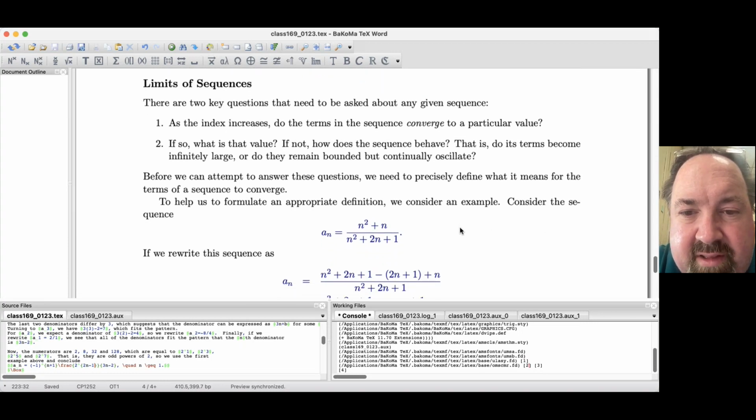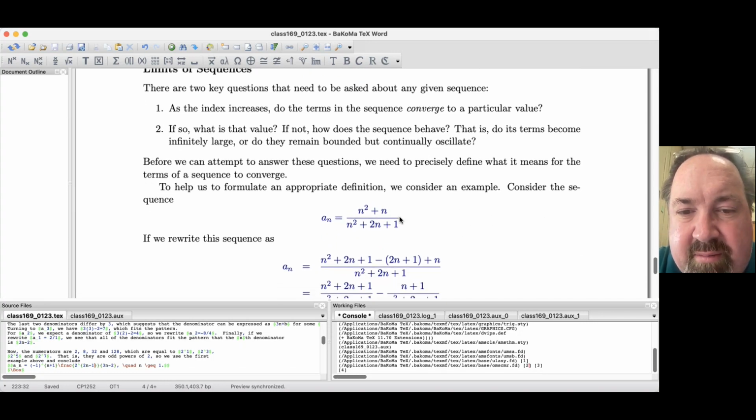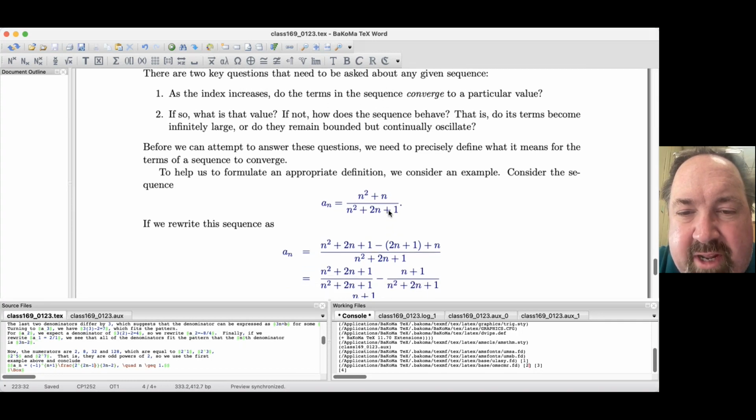Now, as an example of a sequence, I'm going to rewrite this in a way where it's easier to see how the terms behave as n goes to infinity. So what I'm going to do is notice that the first terms in numerator and denominator are the same, n squared.